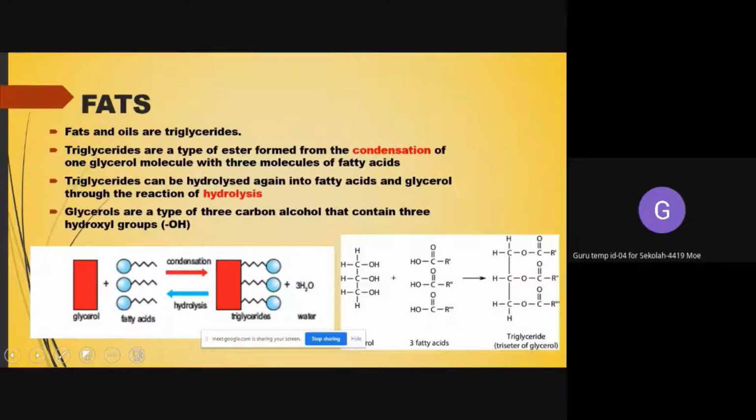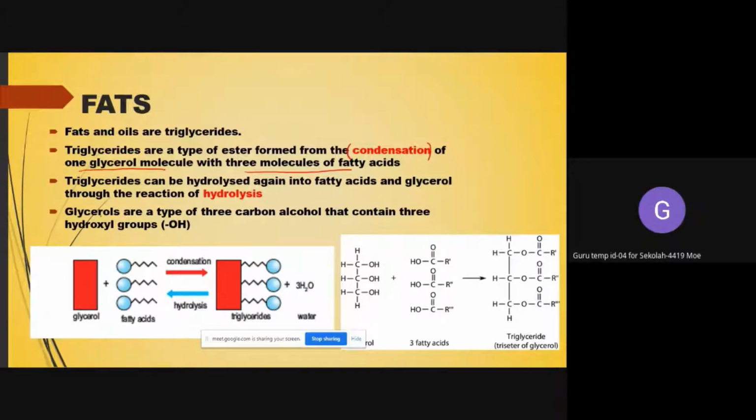Fats and oils are triglycerides. Triglycerides are a type of ester formed from the condensation of one glycerol molecule with 3 molecules of fatty acids.